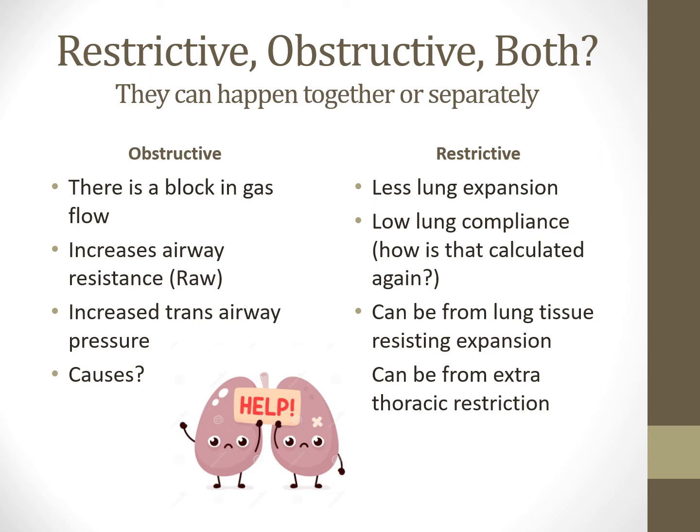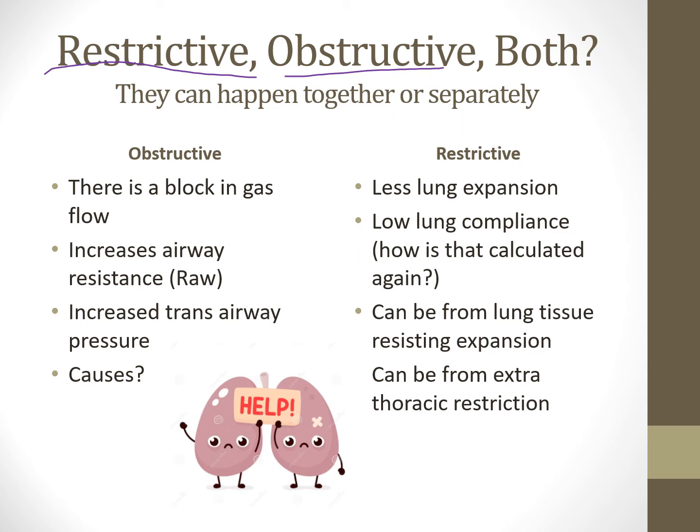So restrictive, obstructive, or both. Remember, these conditions can happen together or separately. I can have someone that just has emphysema, which is an obstructive disorder. I can also have someone that just has pneumonia and they'll have a restrictive disorder, right?